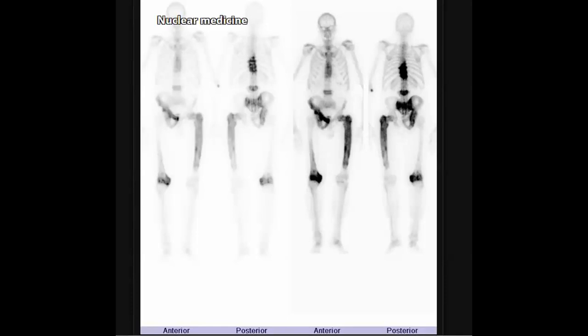This is typical for Paget. When you describe, you have to say this is intense uptake. And again, you will say that you will correlate with the radiographs, X-ray usually. And yes, this is polyostotic Paget, exactly, thank you. So this is a typical case of Paget, which is again a frequent exam case.